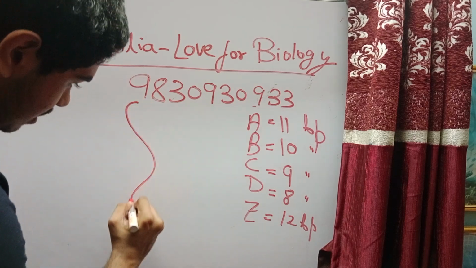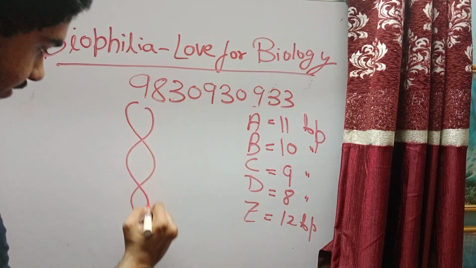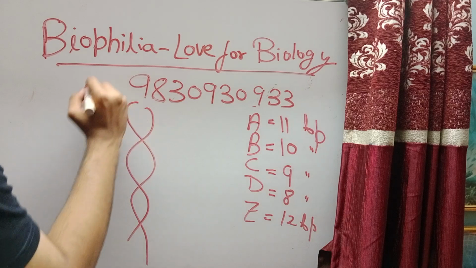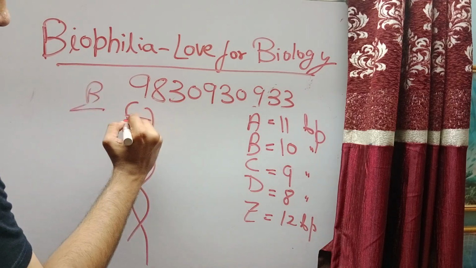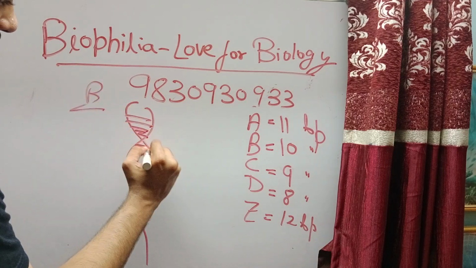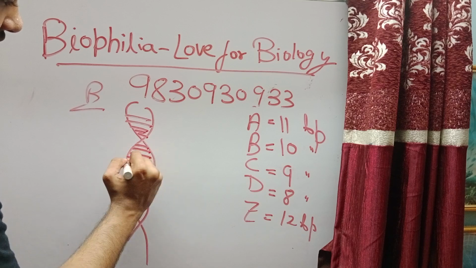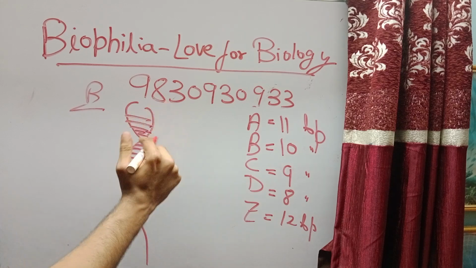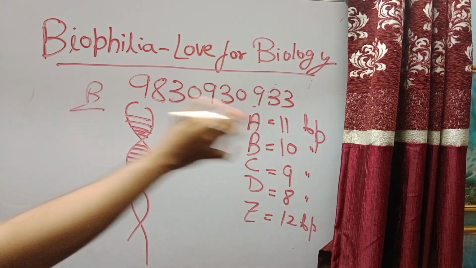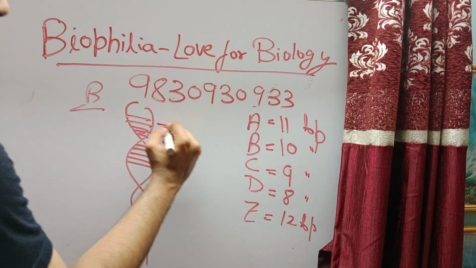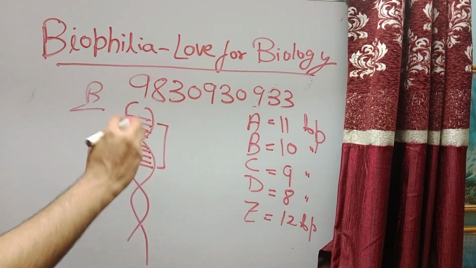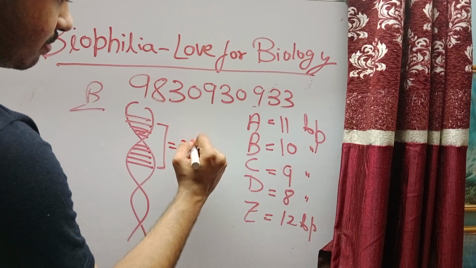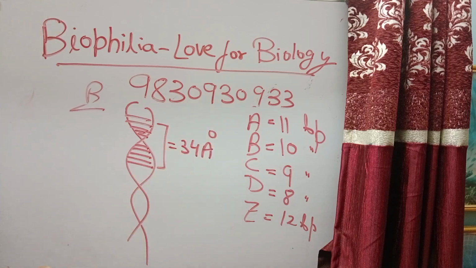This is the structure of DNA. This is the B model. It contains 10 base pairs per turn. Scientists have calculated that this length is approximately 34 angstrom.